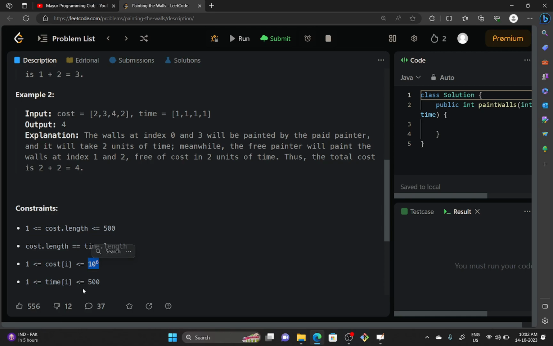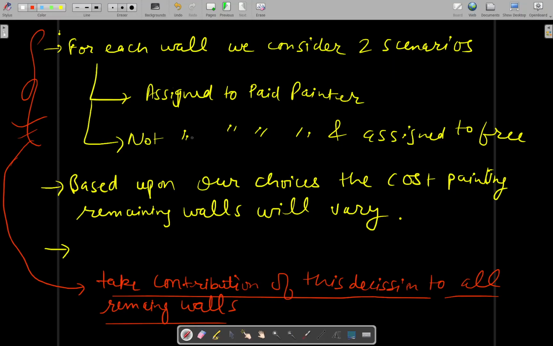So if we multiply 10 raised to power 6 with 500, it will be something like 5 into 10 raised to power 8.